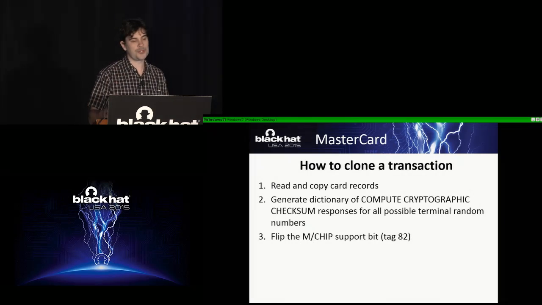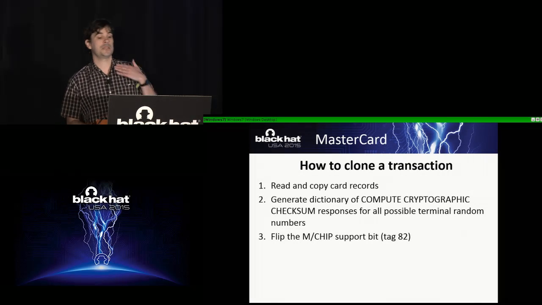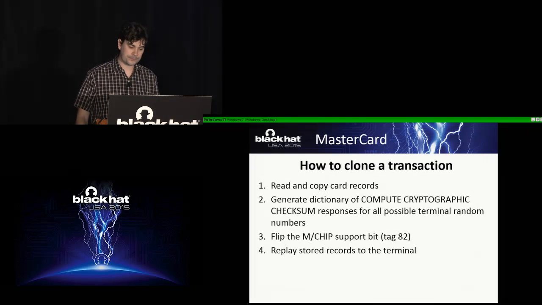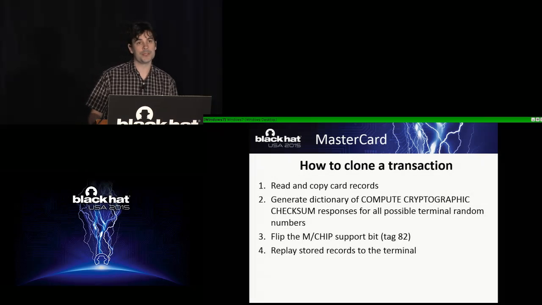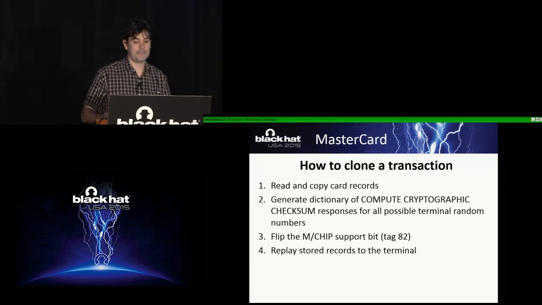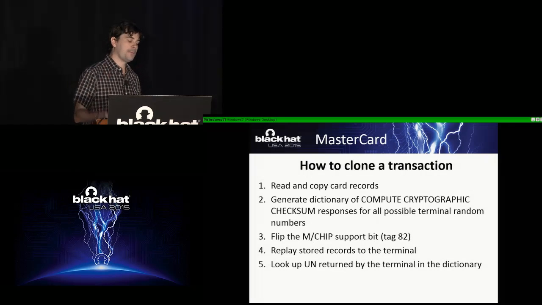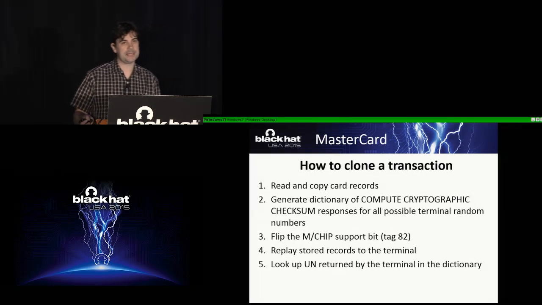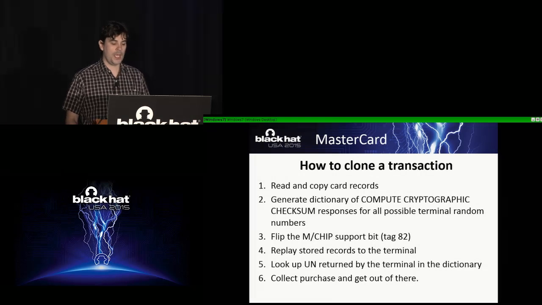So on the Android application I made to do this, I just flipped that bit and now it will be defaulting to that mode. After this, I can then go to the terminal and replay the stored records. So I initiate the transaction, hold my phone up. The application then looks up the unpredictable number in the dictionary and replays it back for the transaction. And then you collect the purchase, basically.